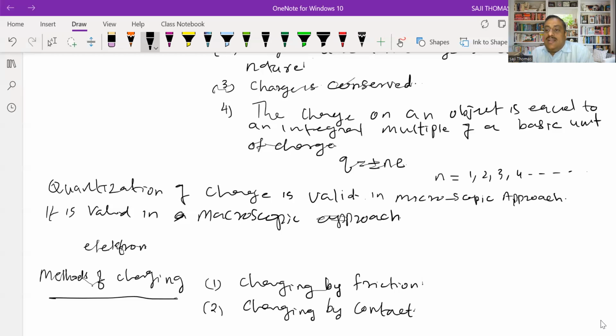One is rub your dry hair with a plastic comb. The objects get charged. Another, glass rods rubbed with the silk. Glass rods and the silk cloth become charged. Okay. One more example I will tell you. You take some paper strips.